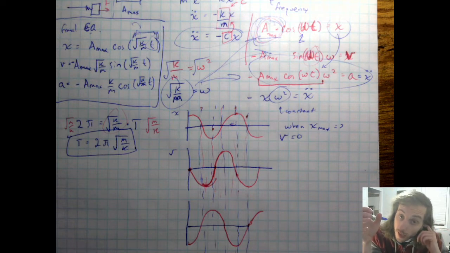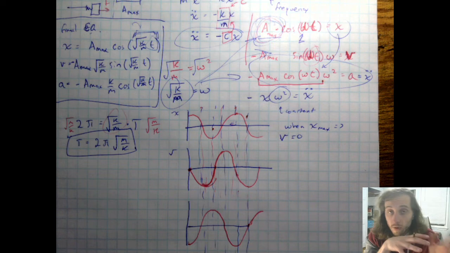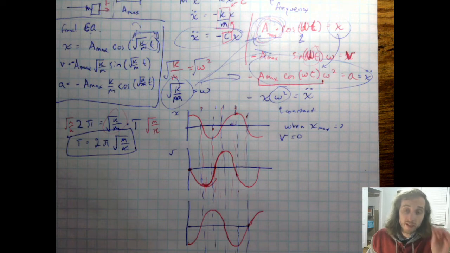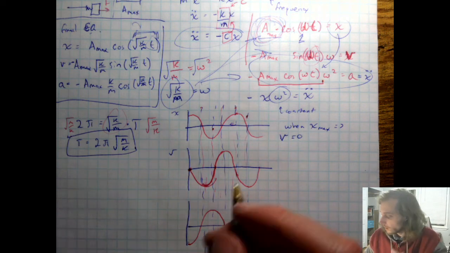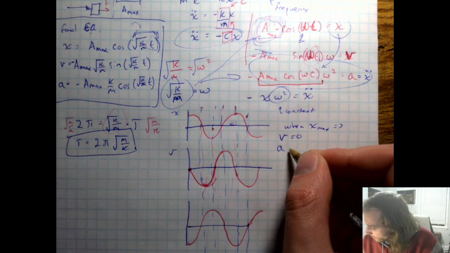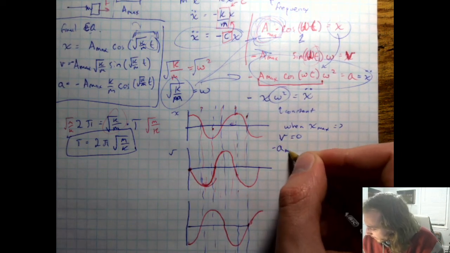That's the reason why it stops, is because we've translated all our energy from kinetic into potential. But that's also the place where you have the biggest positive x displacement. That means you're going to have the most force pulling the spring back towards the middle because you're the furthest away from the middle and the spring really wants you to be back in the middle. So our acceleration will be at its negative maximum.